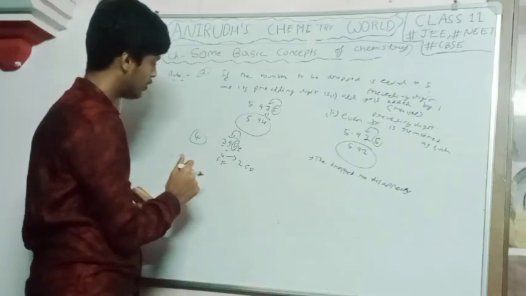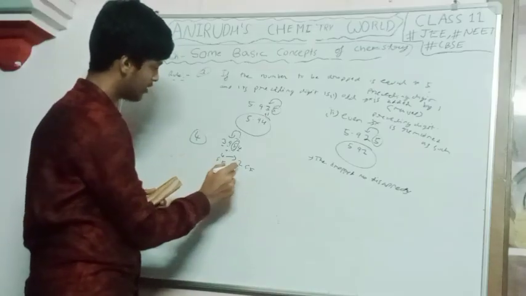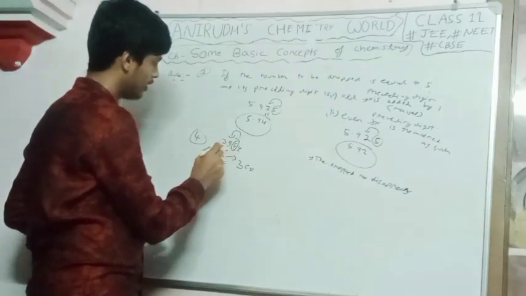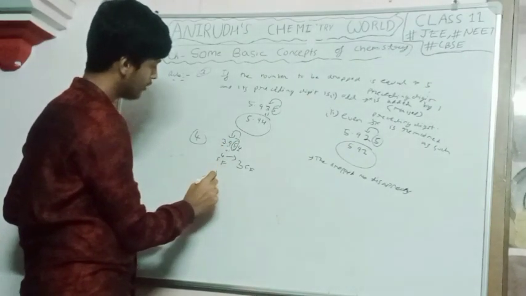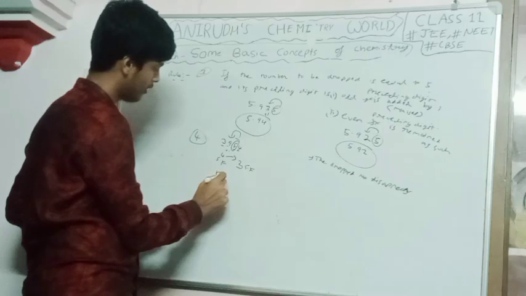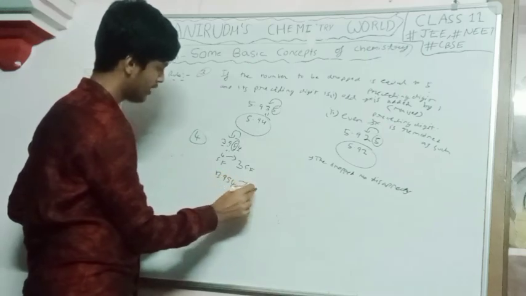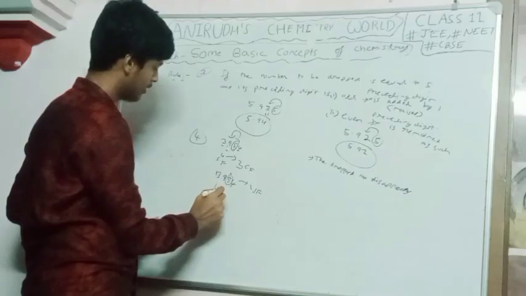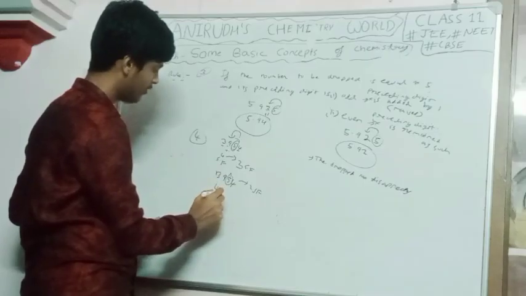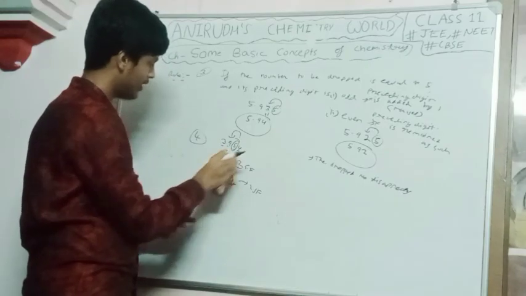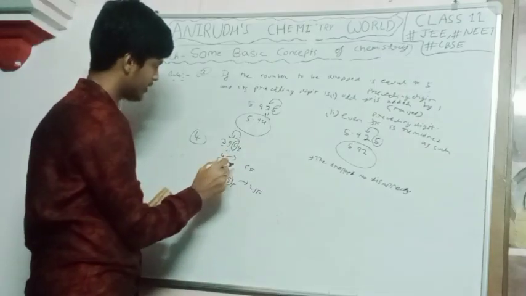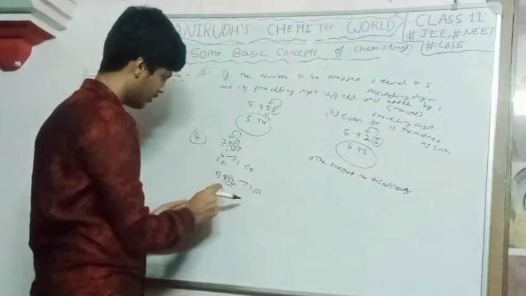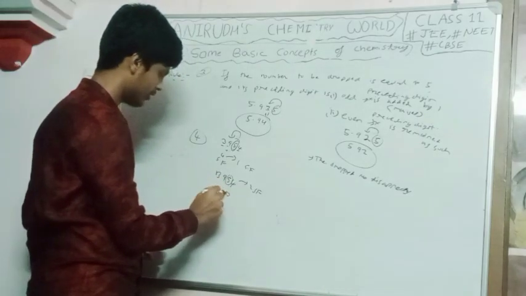It's not possible to get 2 significant figures. See, 3954. Here's one catch. You can only make 1 significant figure in this case. That is 4,000. You will be only having 1 significant figure here.